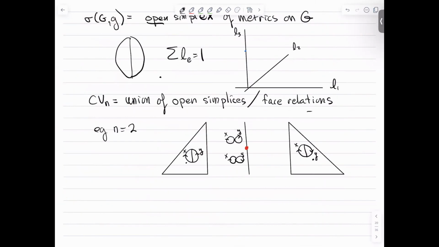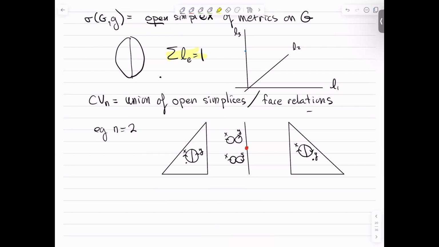Well, that's the points in outer space. What's the topology in outer space? As I said, you move around outer space by varying the lengths of edges. And what I want to do to make nice pictures is to normalize so the sum of the lengths is equal to 1.